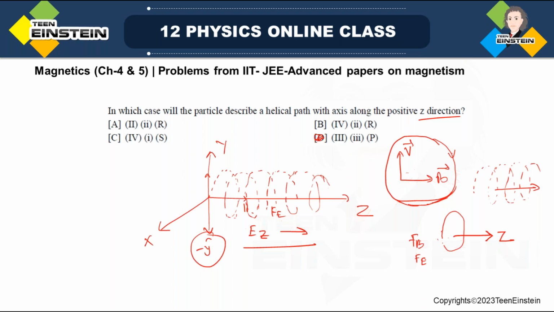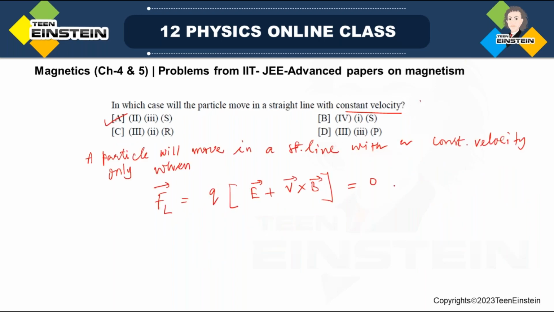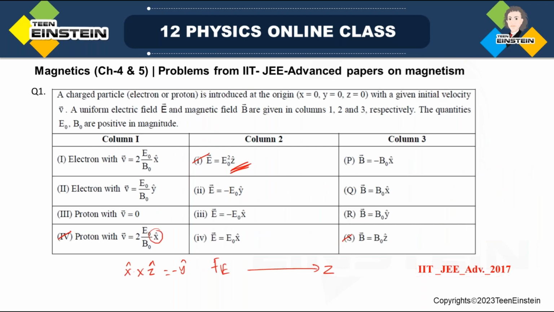The last option is this one. So what is this? D. It is 3, 3 and P. Let us see. Okay, so this is C. The electric force will be in the negative y direction, and there will be no magnetic force since the velocity is 0.